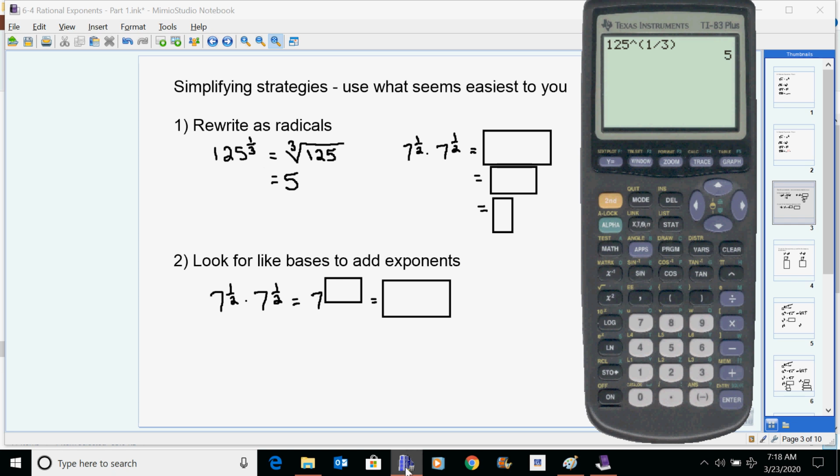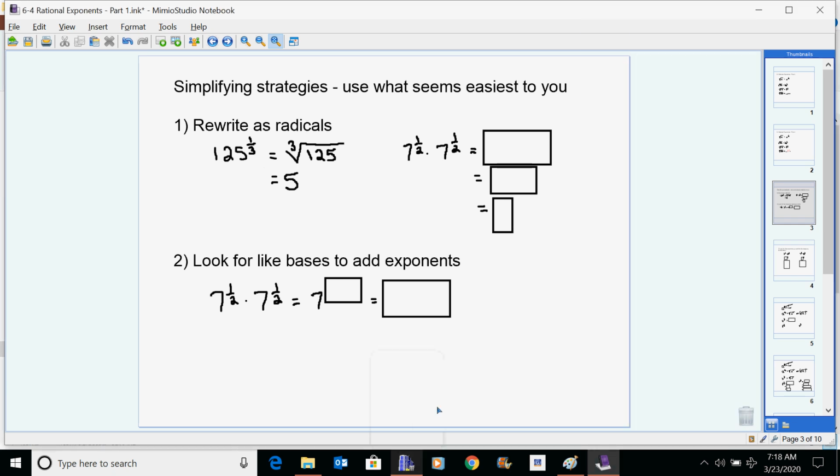All right, so let's take a look at some of the other properties here. Another thing that you can do with these, if you have 7 to the 1/2 power, if we rewrite it as radicals, that means the square root of 7 times the square root of 7. Don't forget that a 2 is implied in our square roots.